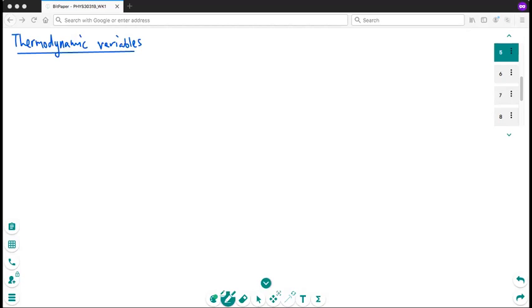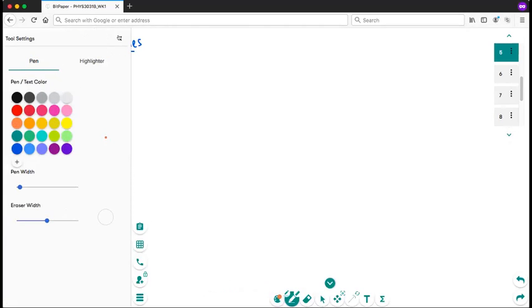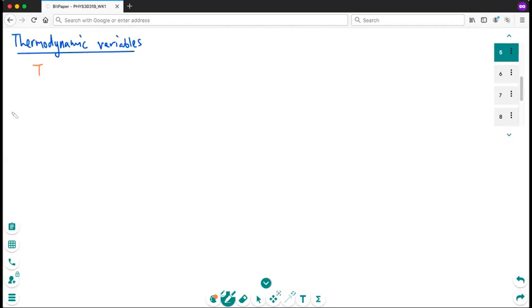Okay, so again, a good way to think about this is to think about that piston cylinder again. What do we want? We want to talk about the temperature of the system, right? And that is key. Otherwise, if it doesn't involve temperature, then thermodynamics doesn't play a key role here.